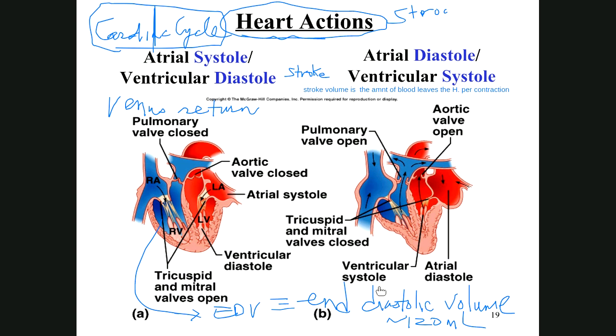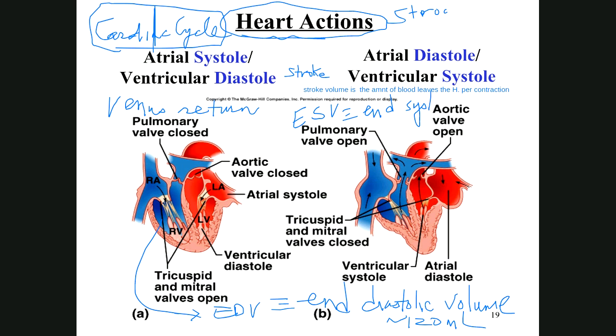So now the ventricle is at the end of its contraction, right? There's a volume of blood left at the end of the contraction. That volume of blood is known as end systolic volume. End systolic volume is the volume of blood at the end of the contraction.